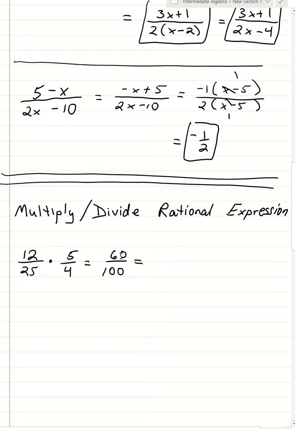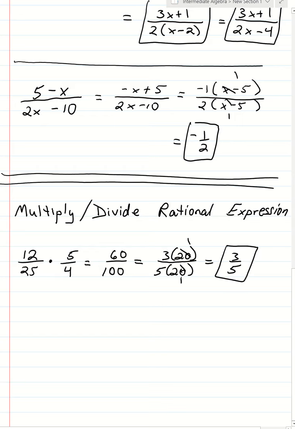I'm going to take the number 60 and factor it down into, let's say, 3 times 20. And the number 100, I will factor it down into 5 times 20. And now that we have a common factor of 20 in the numerator and denominator being multiplied, we can in fact simplify this fraction to the numerical value of 3/5.